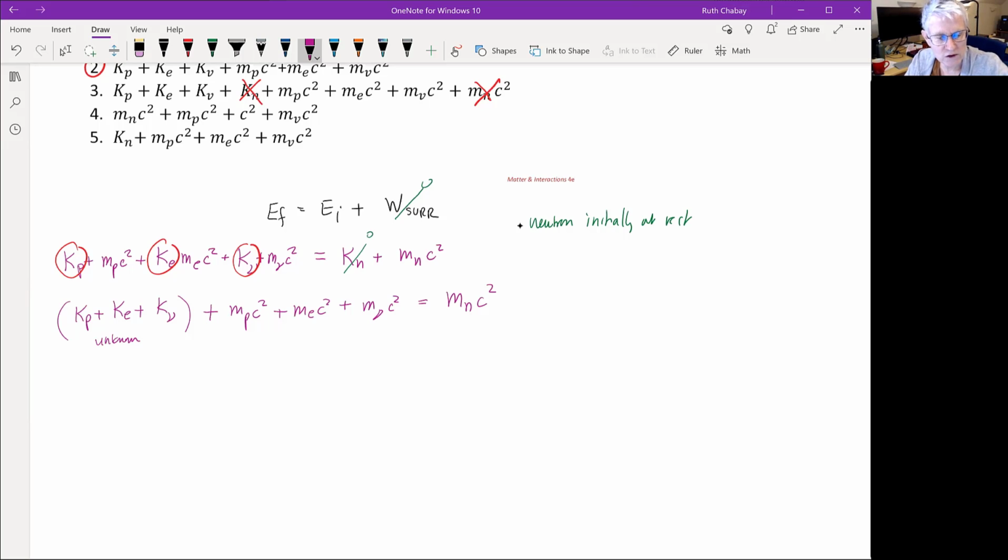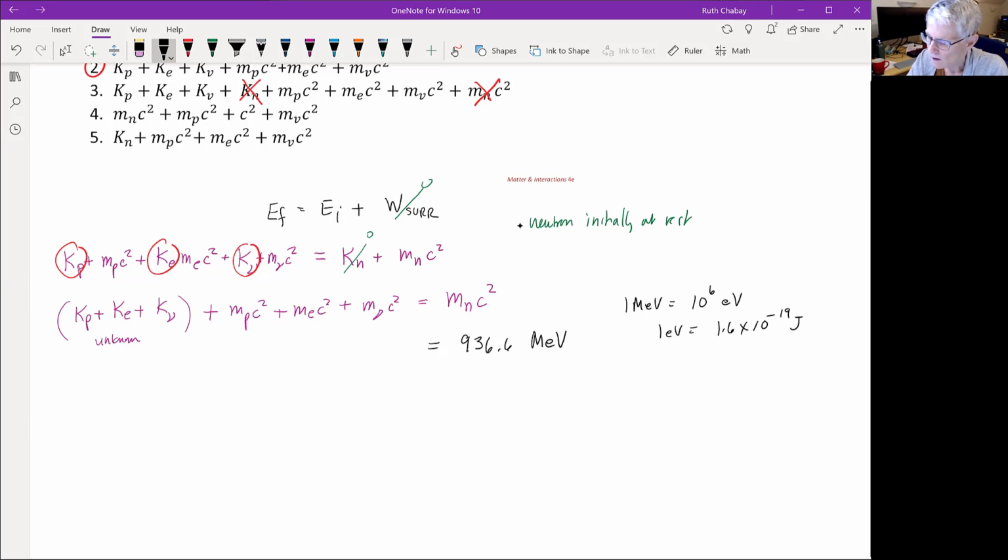It happens that we do actually know the rest energies of these things. The rest energy of the neutron is actually 939.6 MeV. 1 MeV is 10 to the 6th eV, and 1 eV is 1.6 times 10 to the negative 19 joules.